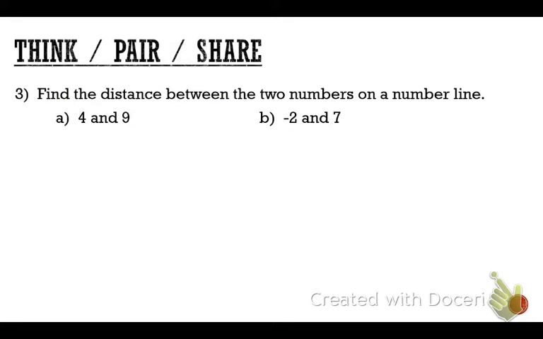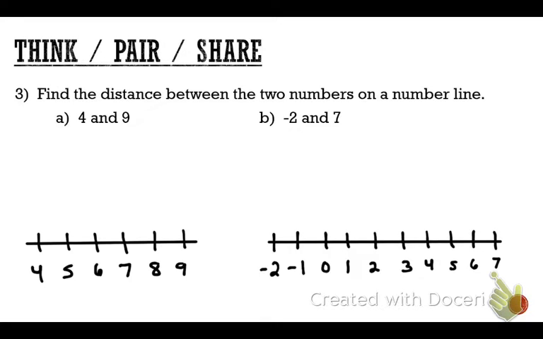All right, for the final one, this is something we talked about way back at the beginning of the school year. It says find the distance between the two numbers on a number line. I want you to talk to your partner about what this answer is. I have drawn a number line up here if you want to use one, but you do not have to.